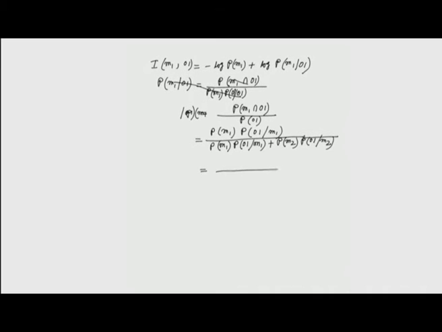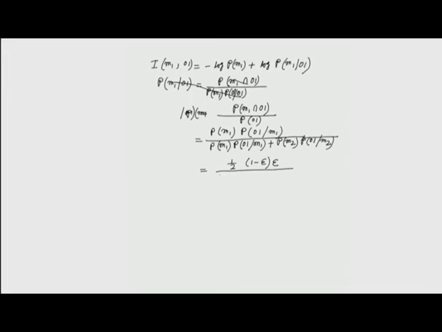Now, in the numerator, probability of M1 is again half, and this conditional probability will be 1 minus epsilon into epsilon. Given that M1 is transmitted, that means 0 0 0 is transmitted, so 0 will be received with probability 1 minus epsilon, and 1 will be received with probability epsilon. That is why we are getting this.